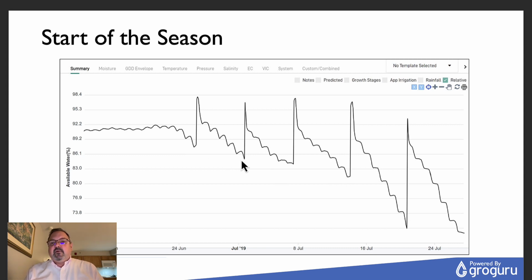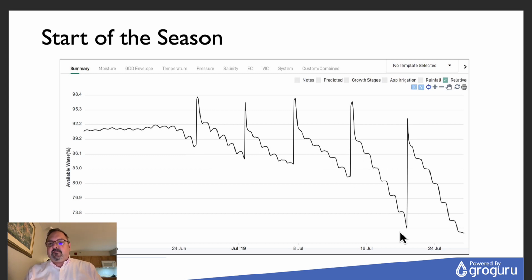That downward trend would indicate that the profile is using a little bit more water over the course of time, exactly like we learned in the agronomic picture. Remember, as the plants grow, the water use curve goes up. And as the water use curve goes up, the stair steps are going to get bigger. So look at this. We have a little bit of a water uptake here. The stair steps are getting just a little bit bigger.